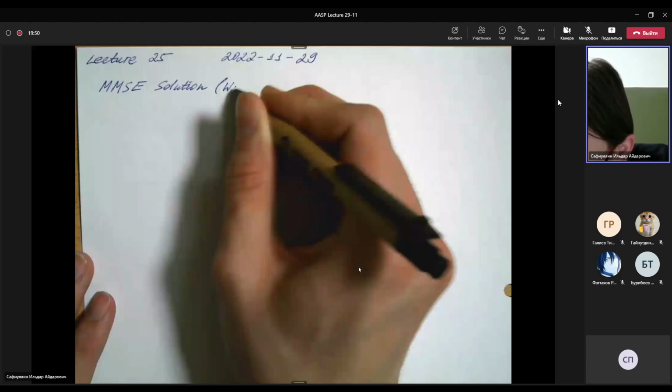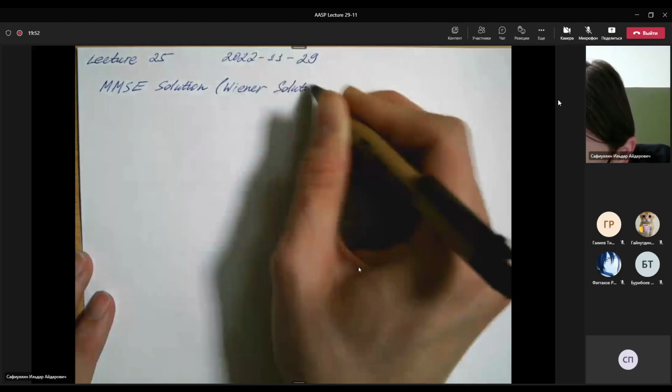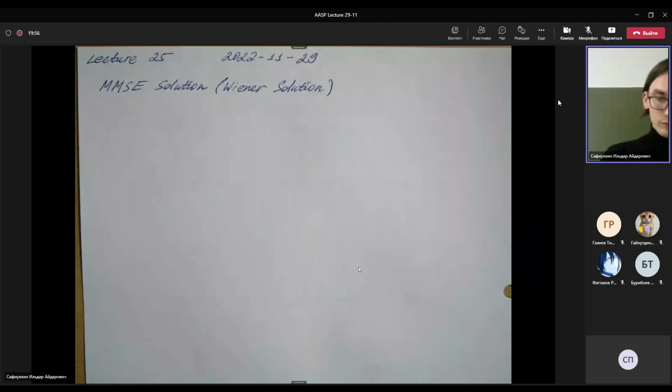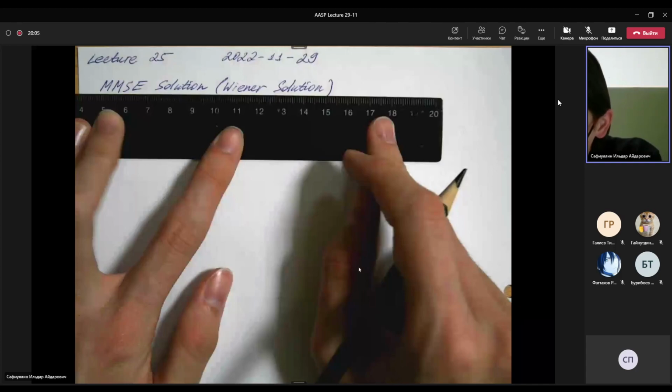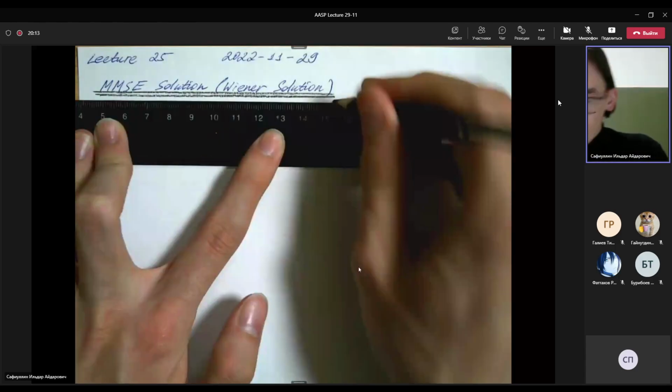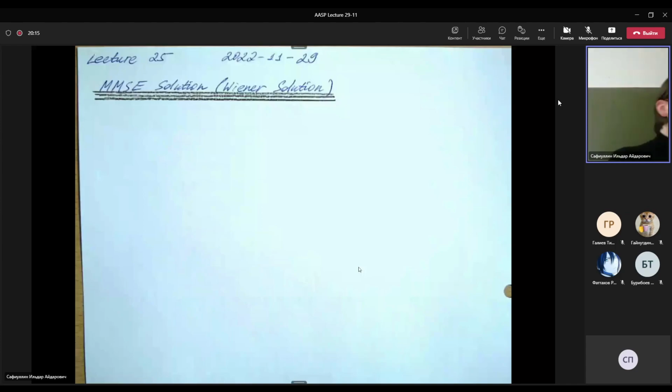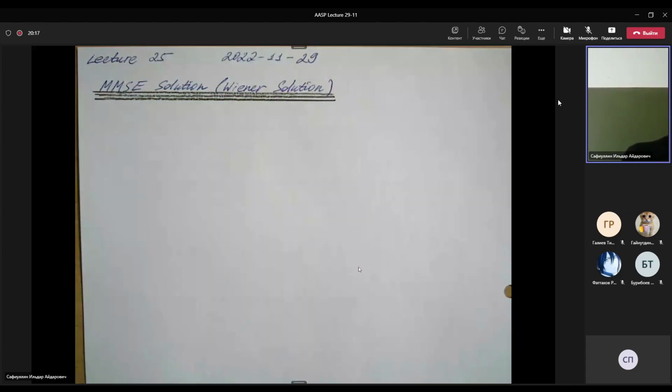Wiener solution. So let's use three underlines as before for the names of the solutions here: 1, 2, and 3. And let's start with slides.